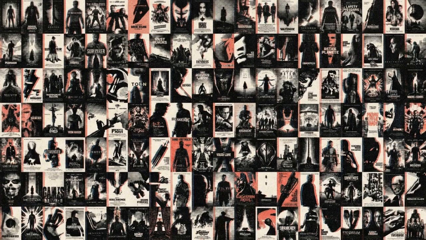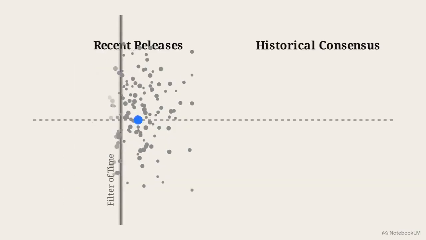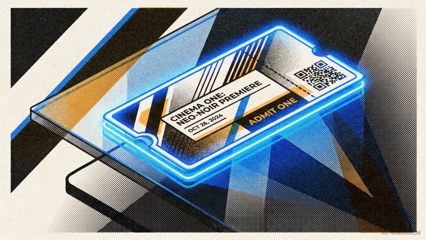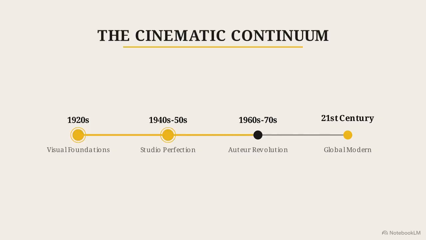The viewing cost involves navigating a lack of historical consensus. It's often difficult to separate lasting impact from the excitement of a recent release. While modern films offer the lowest friction for contemporary viewers, relying on them exclusively leaves you without the historical context needed to see how cinema evolved.